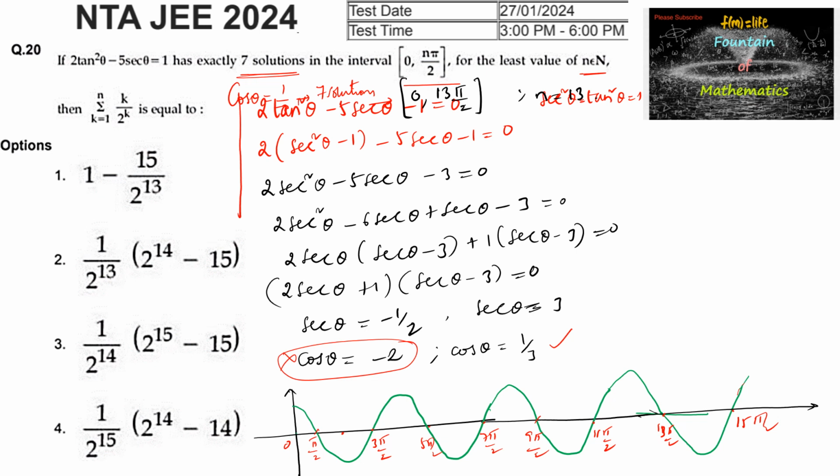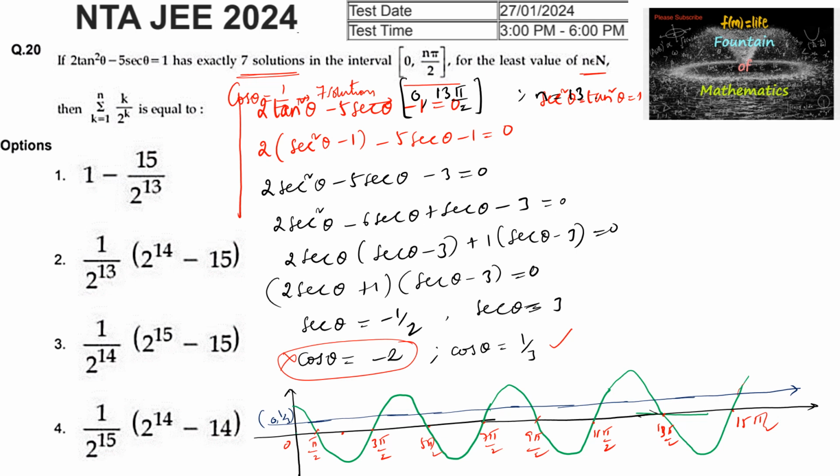So we can draw the line. So 1 by 3 will be here. Draw the line parallel to the x-axis at the point 0 comma 1 by 3. So we can say this line is representing y is equal to 1 by 3.